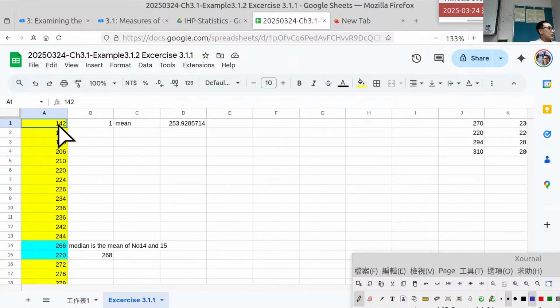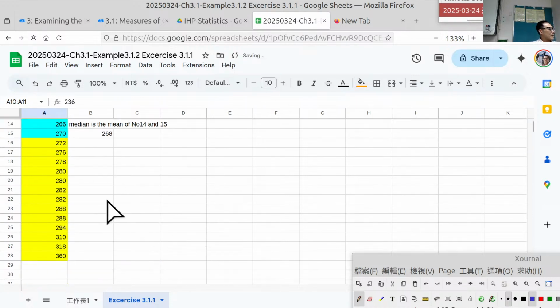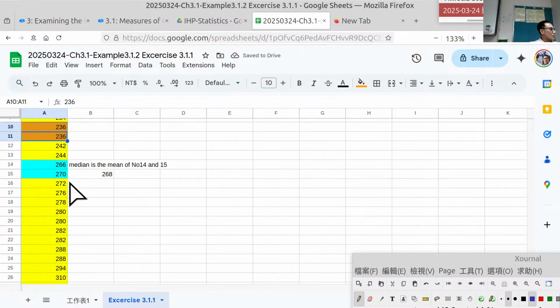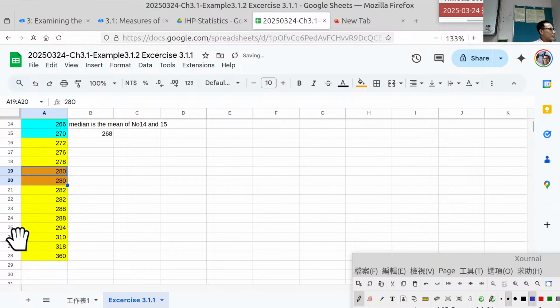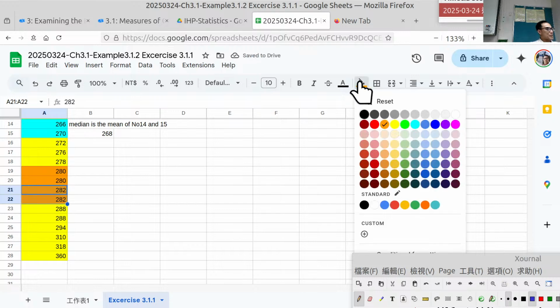What's the mode? Once, twice. Have a note here. Once. Twice. Let me change it to a different color.